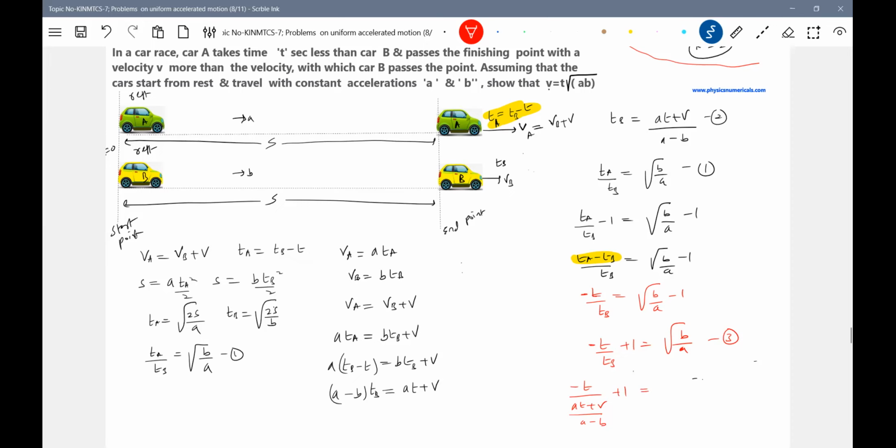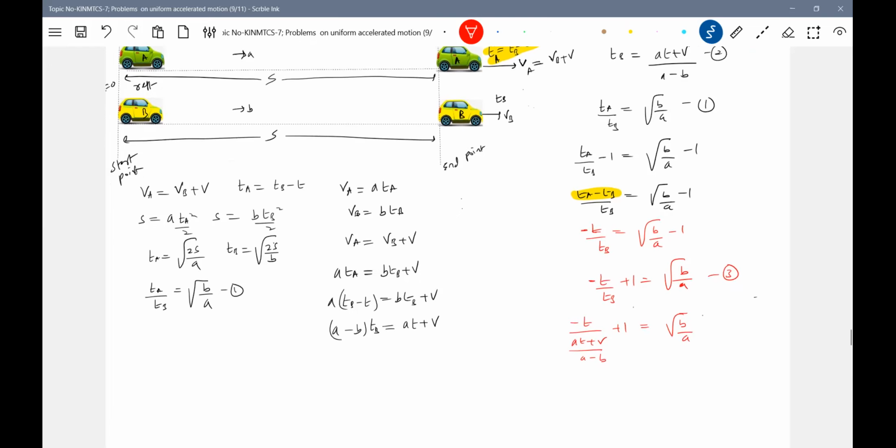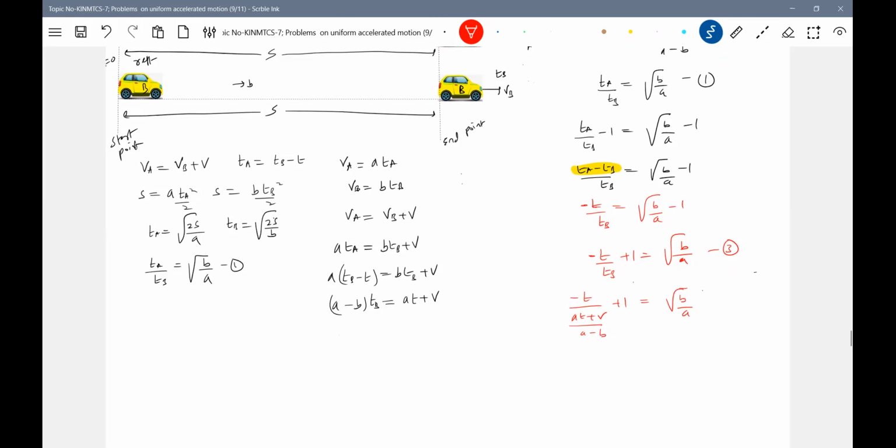Equal to root of B by A. Okay, what all can I do now? Minus T into A minus B by AT plus V, plus 1 equal to root of B by A.